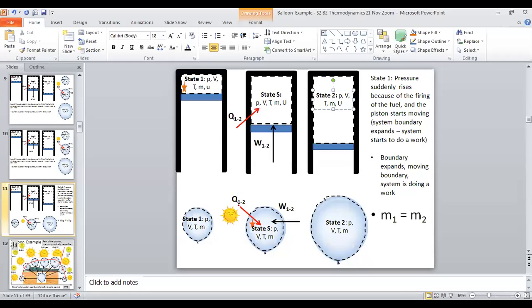Small u means for 1 kg. Same way big V, big U. Mass is smaller m.